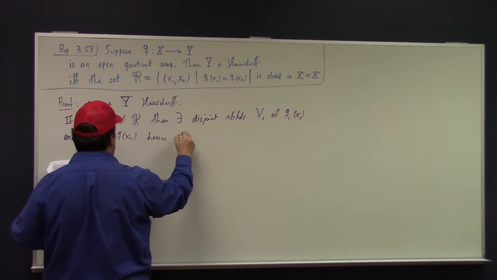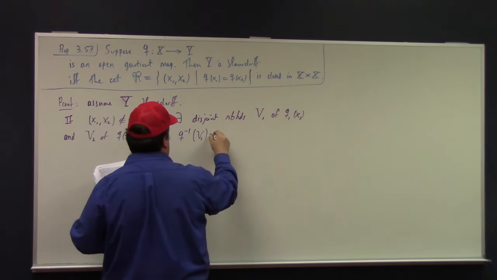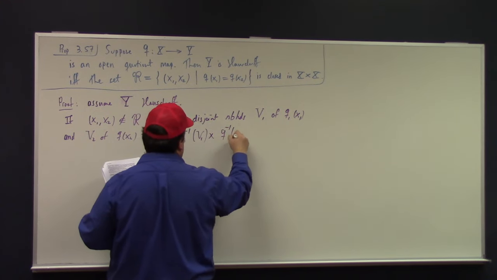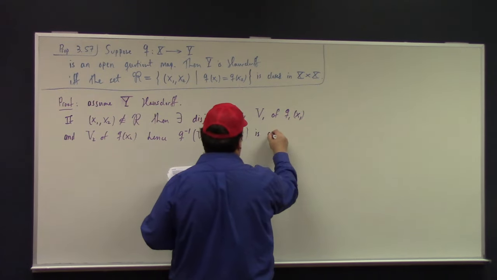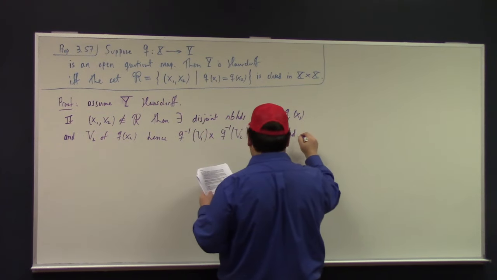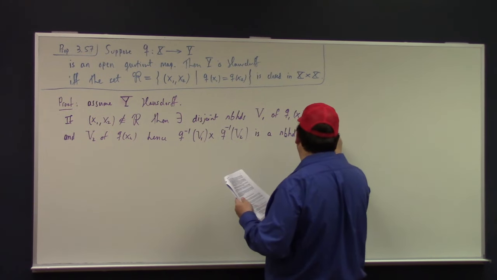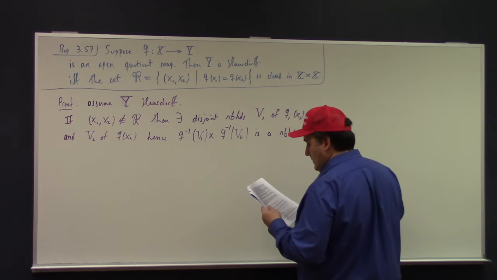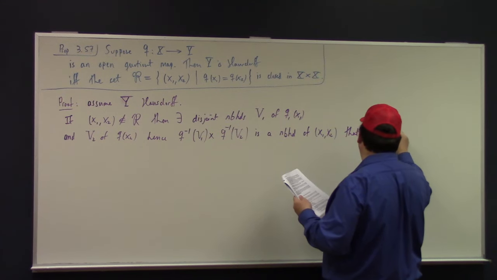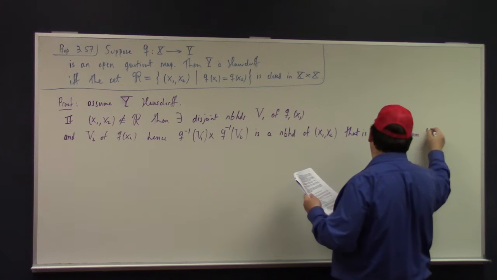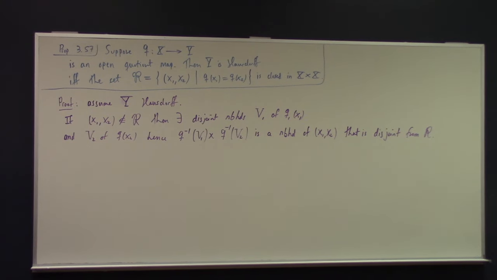Hence, the inverse image under Q of V1, Cartesian product, the inverse image under Q of V2 is a neighborhood of (x1, x2) that is disjoint from R. Does that make sense?